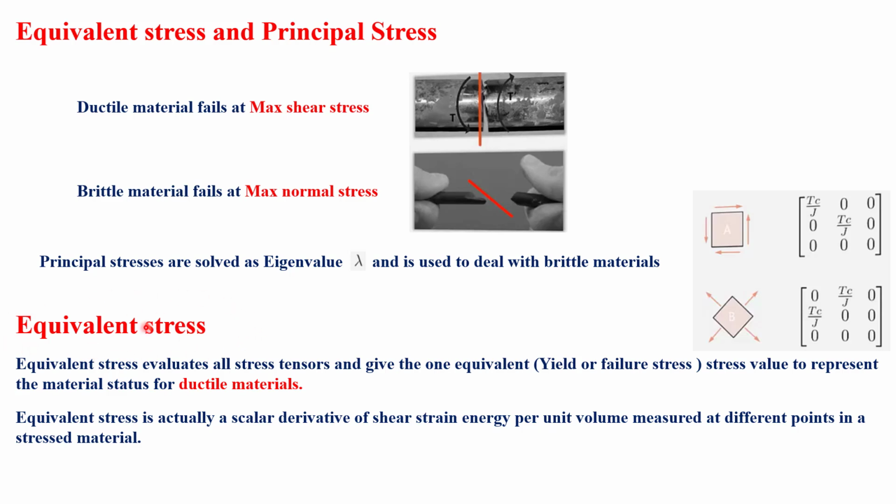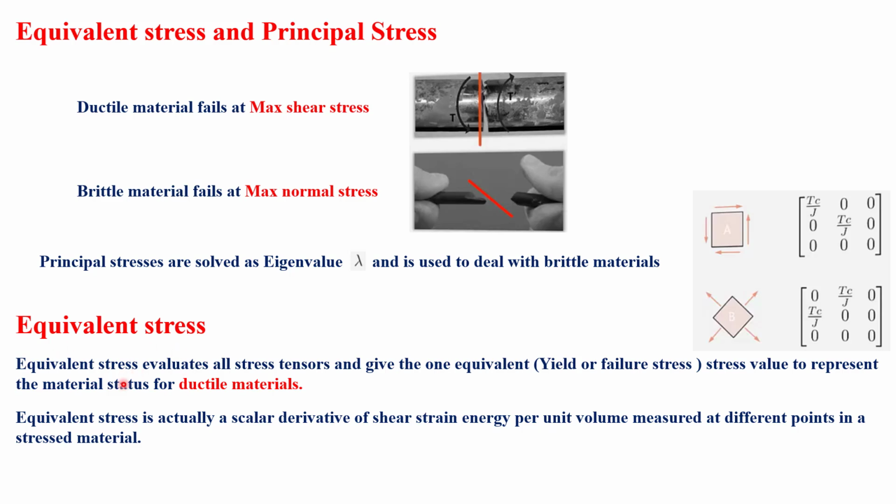So what is equivalent stress? Very important terminology. In the equivalent stress, we evaluate all the stress tensors, the normal stress and the shear stress, we include all of them, and then we take one equivalent stress from all these. That is known as yield stress. This stress value represents the material status of the ductile materials. Let's say you take a particular element and want to cross-verify all 4 nodes and extract all the results; we take the equivalent stress on that particular element, not on the nodes.